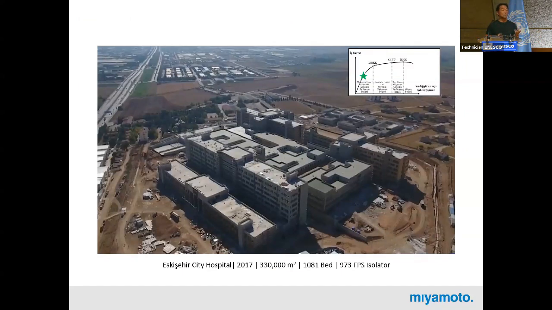And Turkey is the only country that adopted the requirement that any new hospital construction over 100 beds has to have base isolation. Essentially, if you've got a building and the ground, you put an air gap between the ground and the building. That's what we call base isolation. We don't put an air gap, we just put rollers essentially. So every new hospital built that way has base isolation.